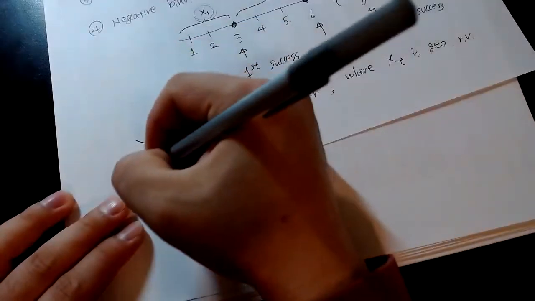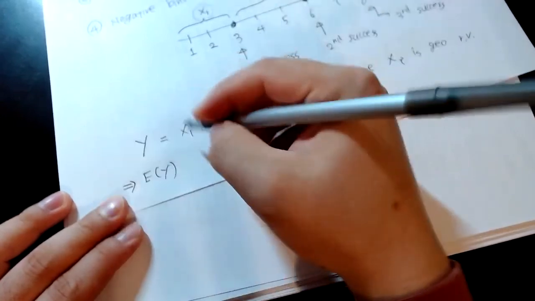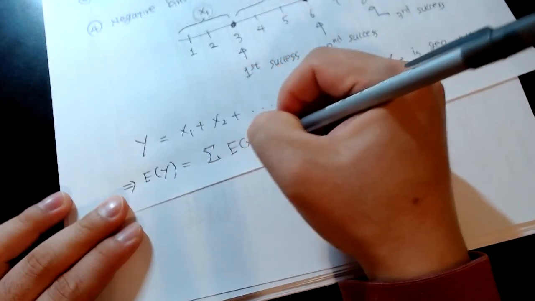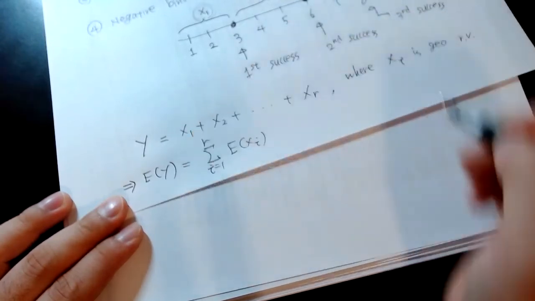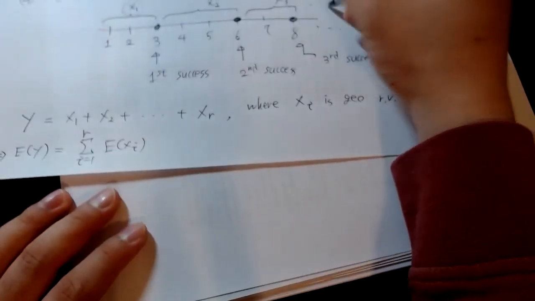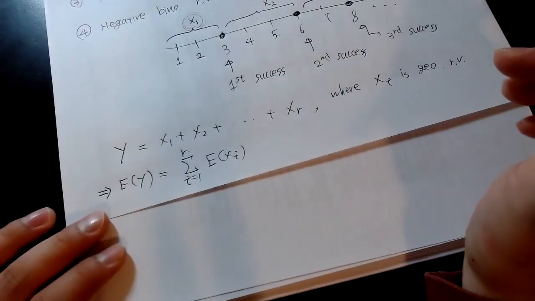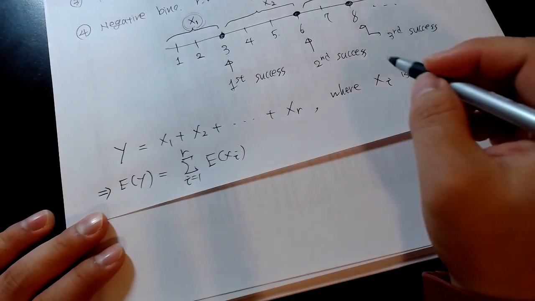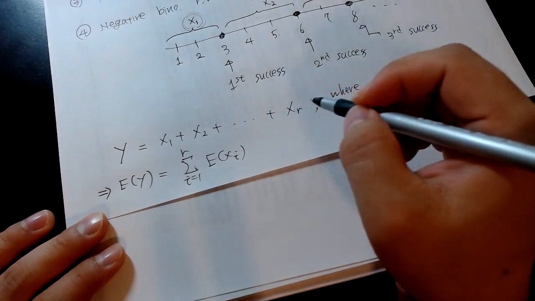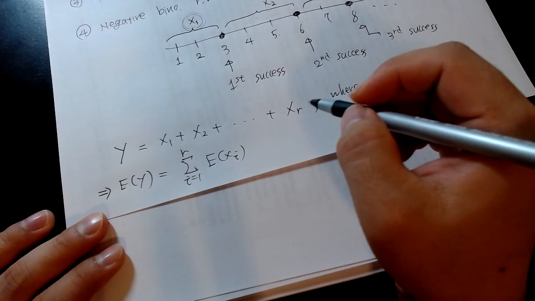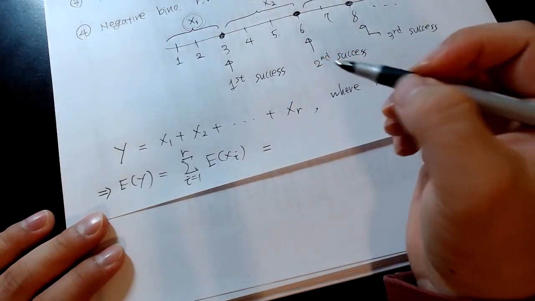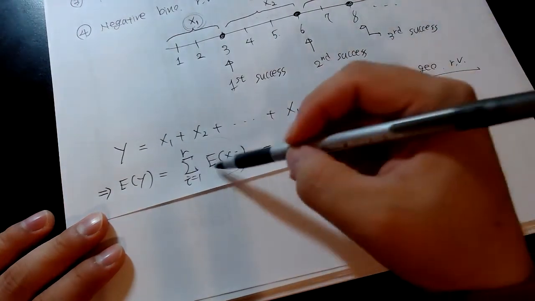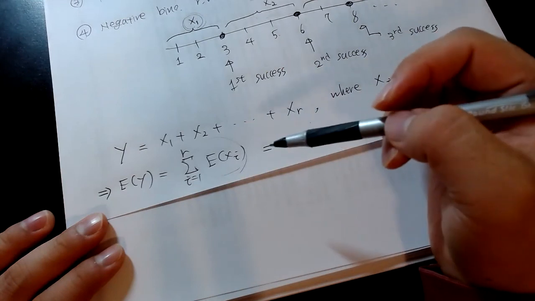Then E of Y implies E of Y is going to be the sum of the expected values of Xi, where i goes from 1 through r. Since X1 through Xr are geometric random variables, the expected value of a geometric random variable is 1 over p.